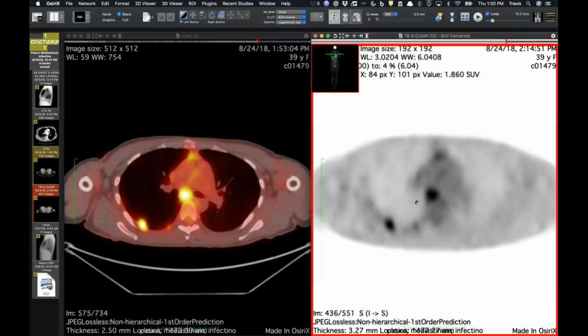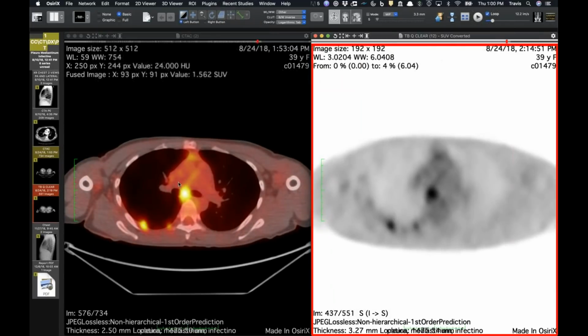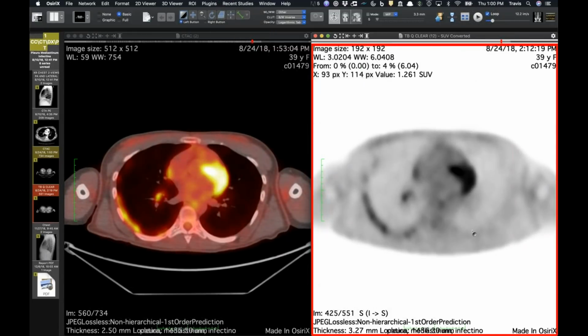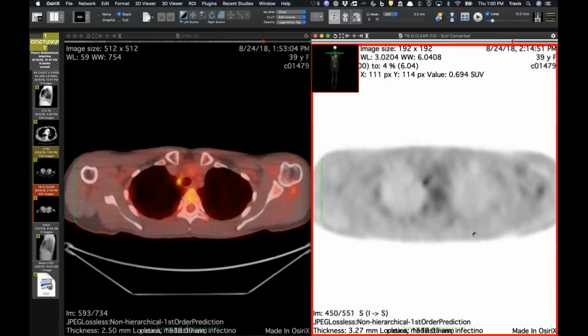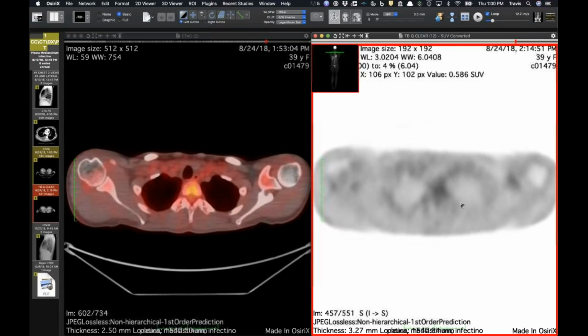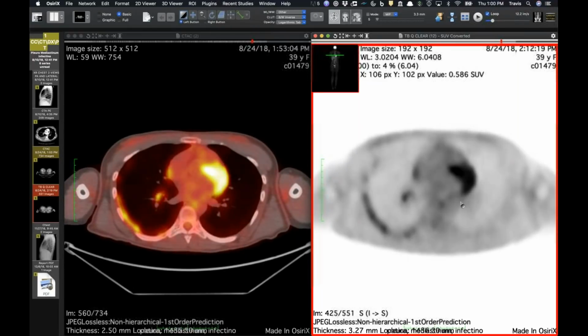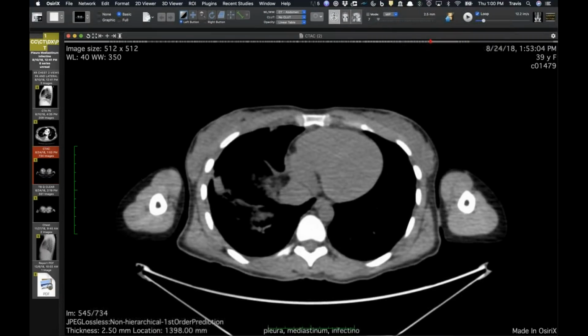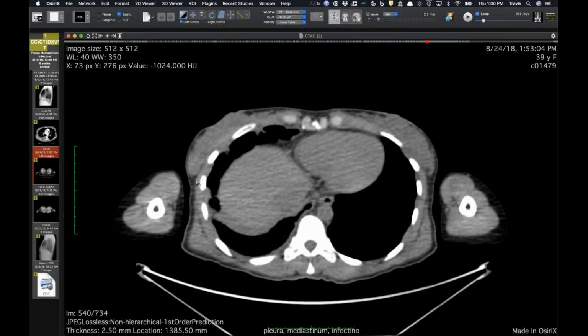So going to PET here in this case, it certainly looks like it could be malignant disease with subcarinal nodes, right hilar nodes, right pleural nodularity, and right paratracheal nodes. But yeah, this all turned out to be TB. That is interesting. So now two cases of nodular pleural thickening. The other one more dramatic than this, but no history of malignancy, and this turned out to be all TB.